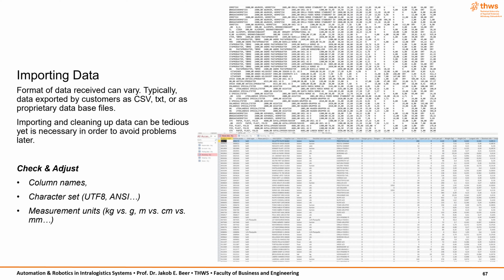If you're working in Python or SQL, this typically means mapping customer-specific column names to internal variable names in your code or your schema. Next, you need to pay attention to the character set. This is a major source of trouble when working with international clients. Common character encodings include UTF-8, ANSI, ASCII, and others.